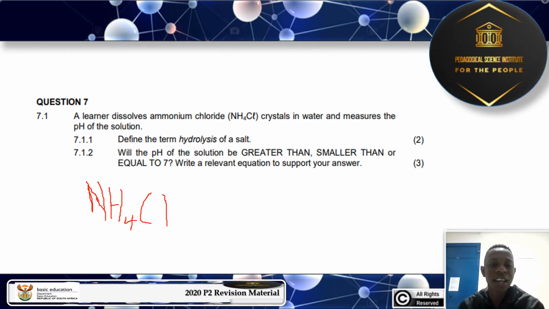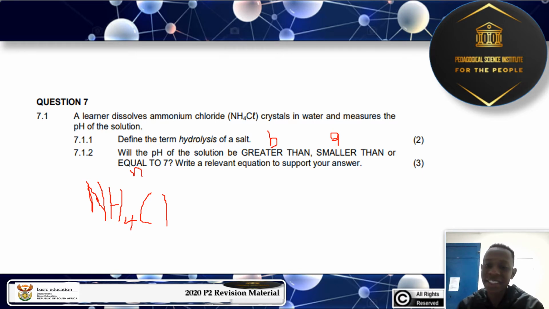They are asking, will the pH of the solution be greater than, smaller than, or equal to 7? When they say the pH is greater than 7, they are trying to say the solution is basic. Smaller than, they are asking, will the solution be acidic? When they say equal to 7, they are asking, will the pH be neutral?